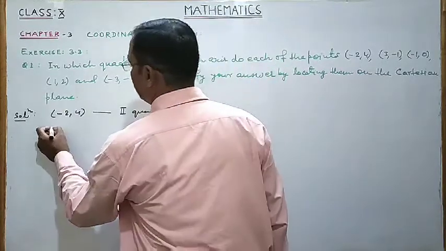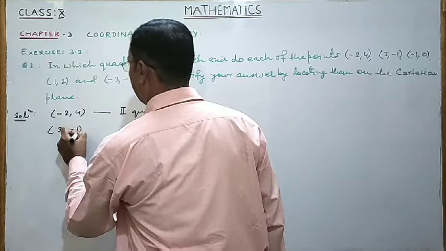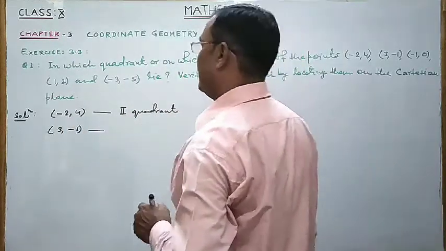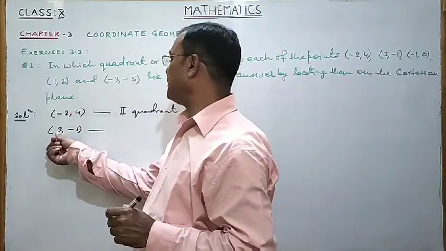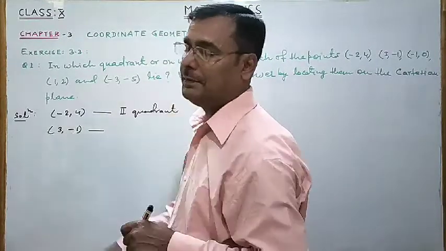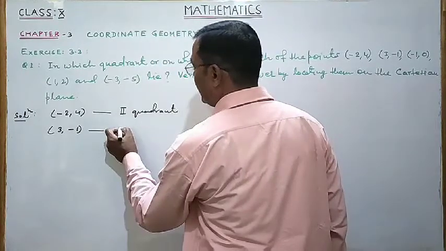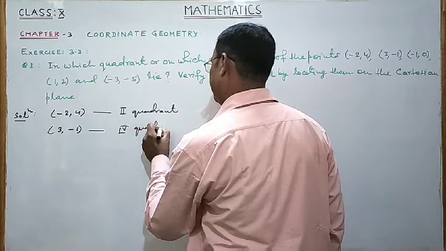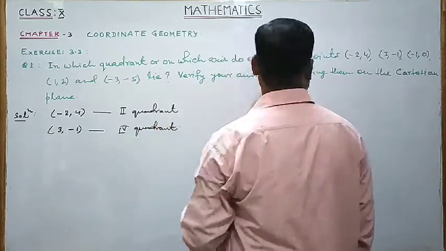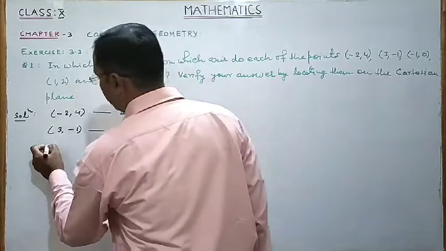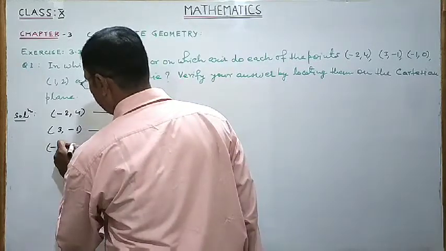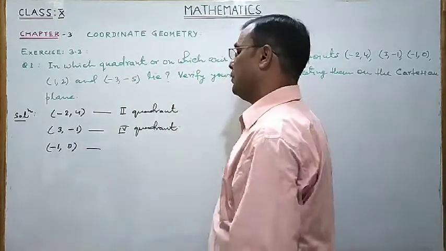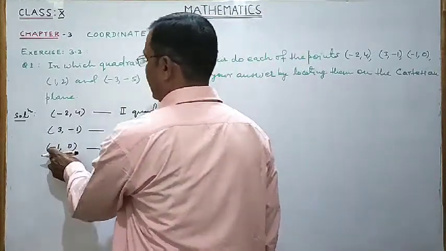Next point is (3, -1). This point lies in which quadrant? X is positive, y negative. So this point lies in fourth quadrant. Next point (-1, 0). Y coordinate of this point is 0, so this point lies on x-axis.